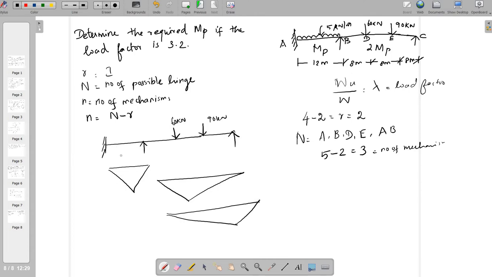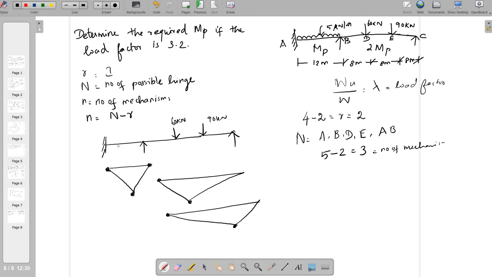And for the possibility of hinge formation, at the fixed support, at the intermediate support, and under the load. At the intermediate support there is no possible hinge because of the simply supported condition.